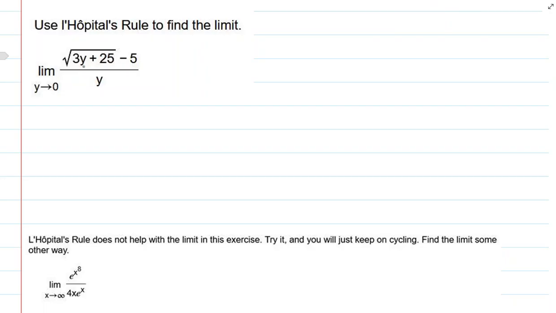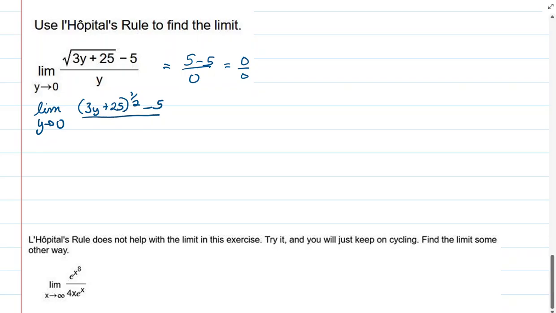So if I put in 0, I have 5 minus 5 over 0, which is 0 over 0. So we have to use L'Hopital's rule. Okay, so I'm going to rewrite this first. And thank goodness we're not doing the quotient rule, right?